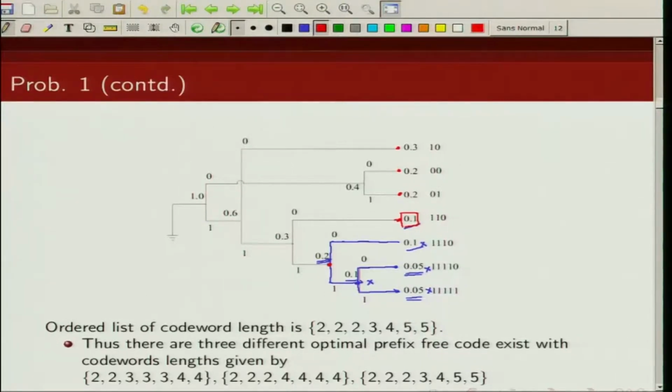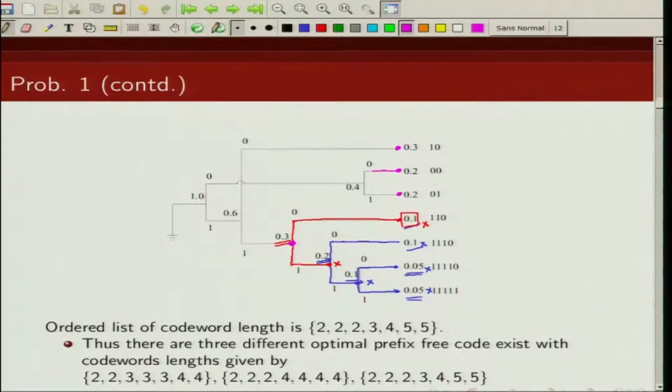So if I combine this with this, I create a new node with probability 0.3. I deactivate these 2 nodes. So at this point then my active nodes are this one with probability 0.3, this leaf with probability 0.2, this one with probability 0.2 and this one with probability 0.3.